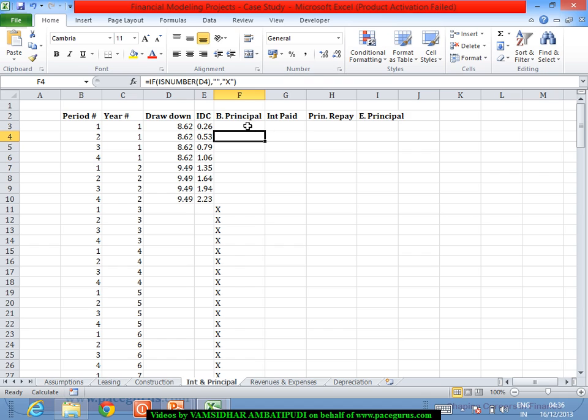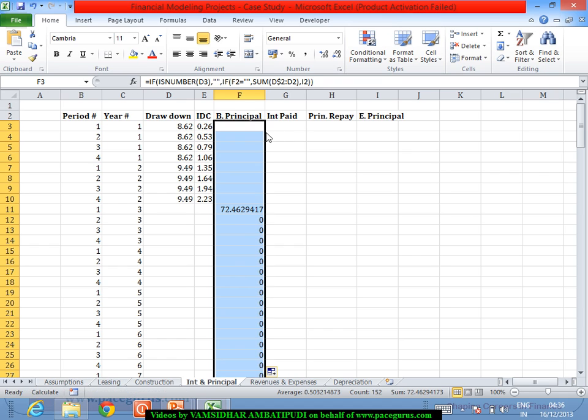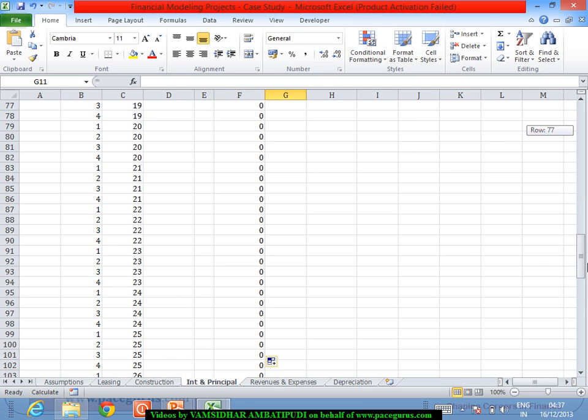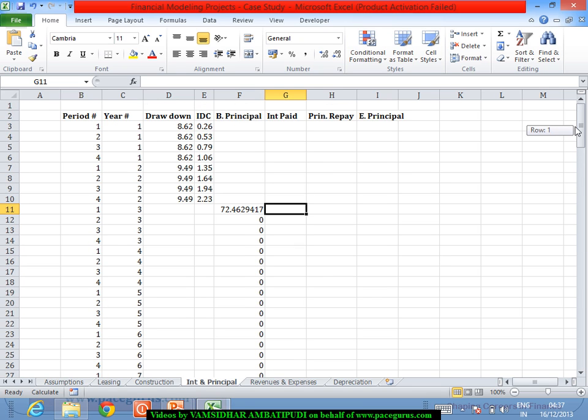Let's try it out. So if I am dragging it down, yes, here it is coming out that the outstanding principal is 72.46, and in the next periods, because this cell is not yet updated, but at the same time we have to see even for 30 years it is showing this scenario.